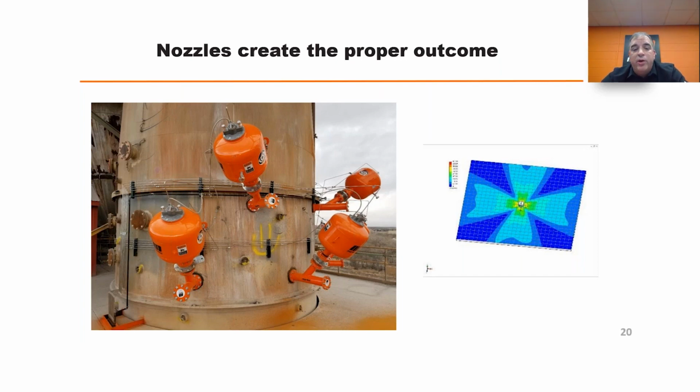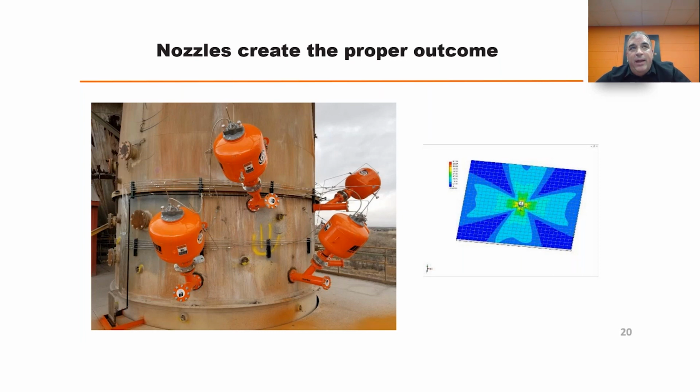This particular photo here is a spray tower, and the cannons that are mounted to it have 360-degree blast on those nozzles. There was buildup on one side of the conditioning tower, and this is how we solved the issue. But if you think about it, if I only put in pipes as opposed to a 360-degree nozzle, I'd basically blow 4 or 5 holes in the material versus cleaning it off the surface.